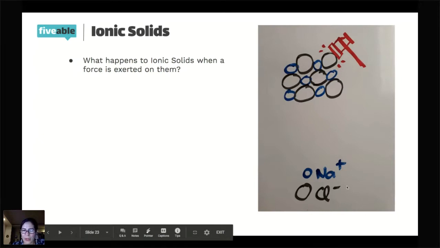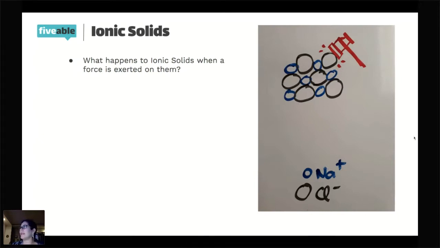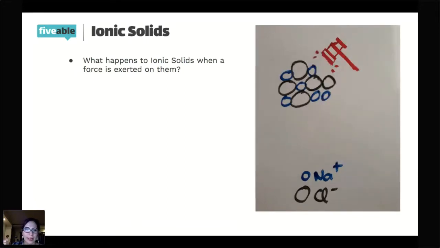Okay, so because of the crystal lattice, let's see what happens. If I hit the crystal lattice of sodium chloride from here, what will happen? The force could be enough to slide or move the ions a little bit. And now, instead of having a sodium and a chloride, I will have two chlorides together with a negative charge.